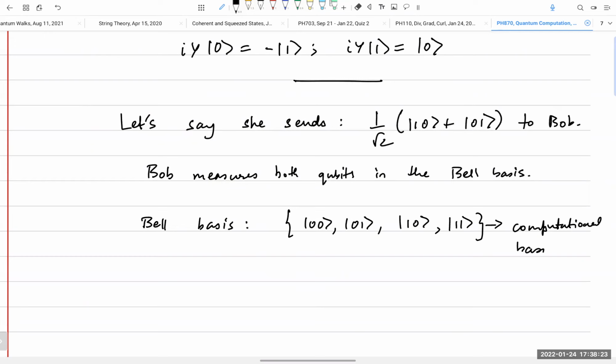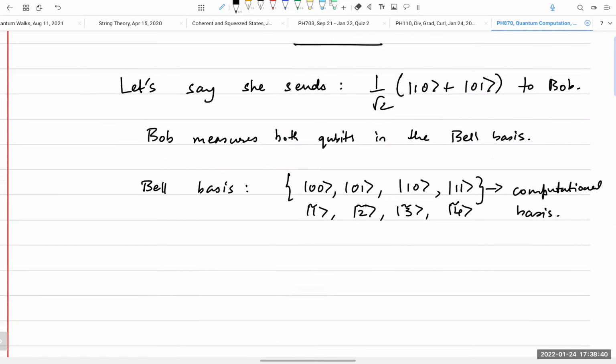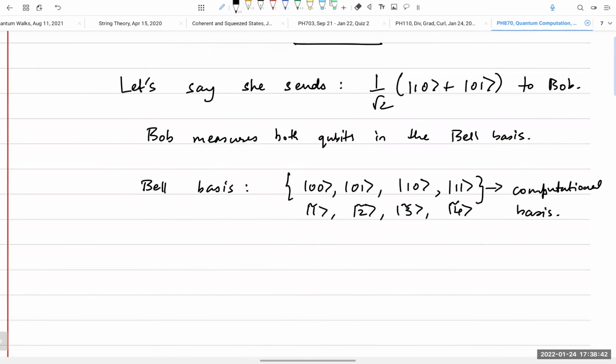You can call them 1, 2, 3 and 4. So what is a Bell basis? Well, you know that you can take any linear combination of these states and get a new basis. So what linear combination do we take? We take the following linear combination.